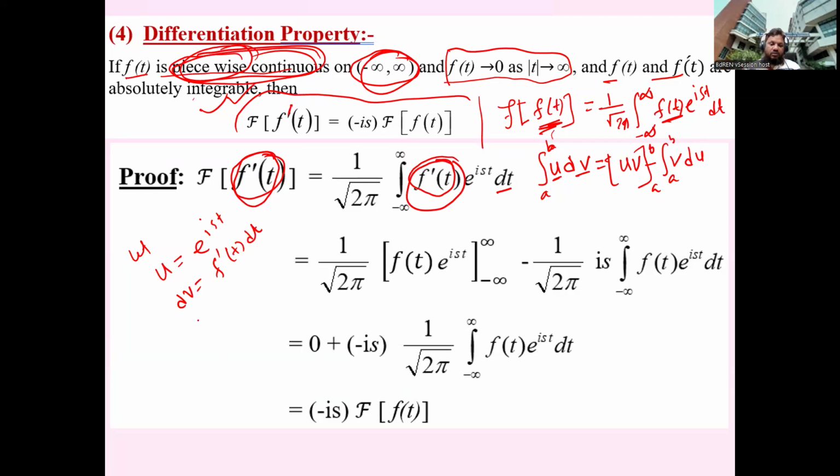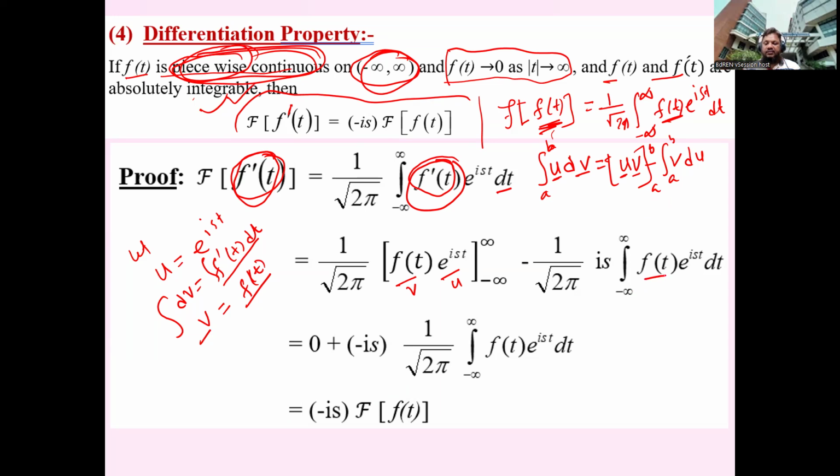Okay, so we can integrate on both sides. So the integration of dv will be v, and the integration of f prime t will be f of t. If we take integration on both sides, then the left hand side will be v and the right hand side will be f of t. So now put the values of u and v here. The first term is u times v. So u is e to the power i s t, and v is f of t. So uv minus the integral of v du.